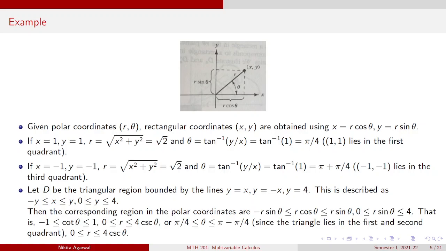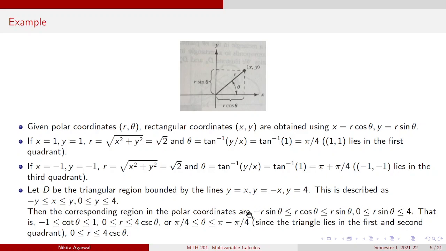So if you convert it into polar coordinates, y is r sine theta, x is r cos theta, right? So if you put it in this inequality, you get minus r sine theta less than or equal to r cos theta less than or equal to r sine theta, and y is r sine theta, so 0 is less than or equal to r sine theta is less than or equal to 4.